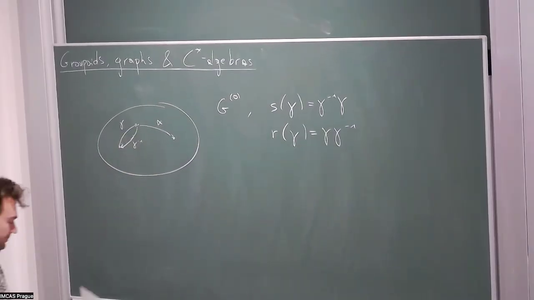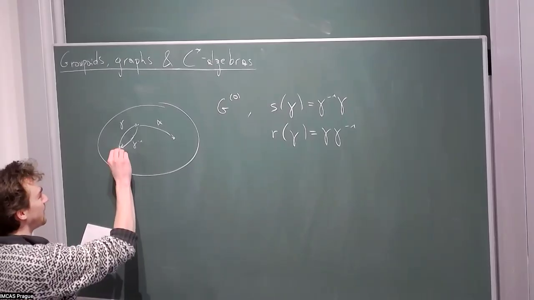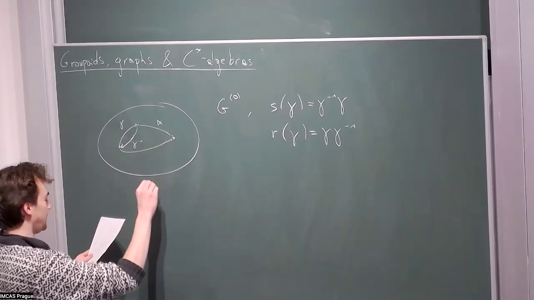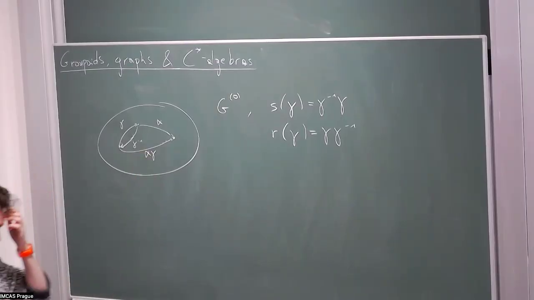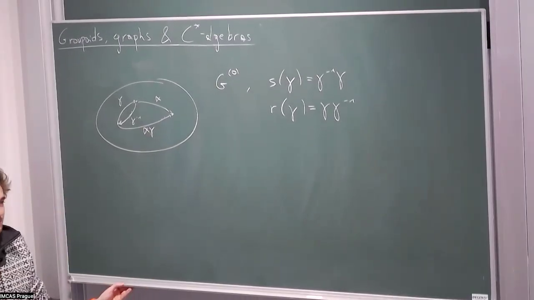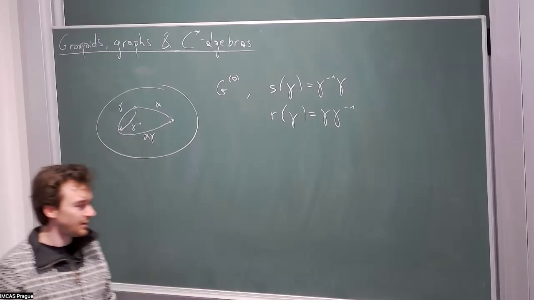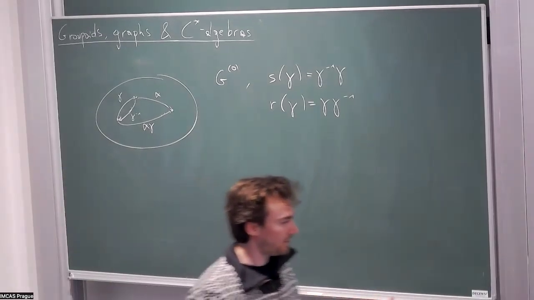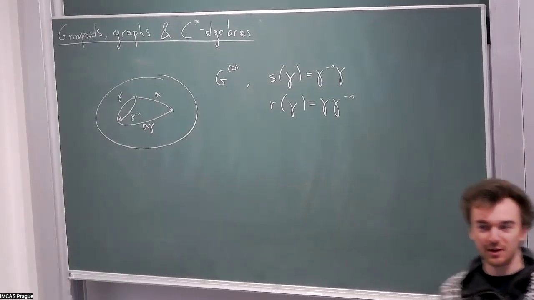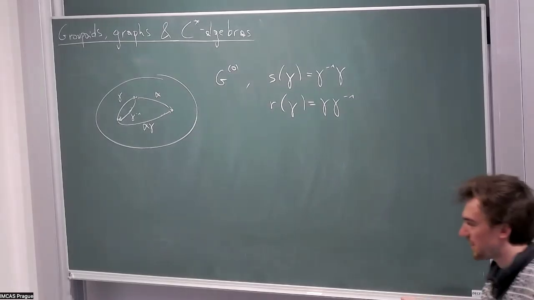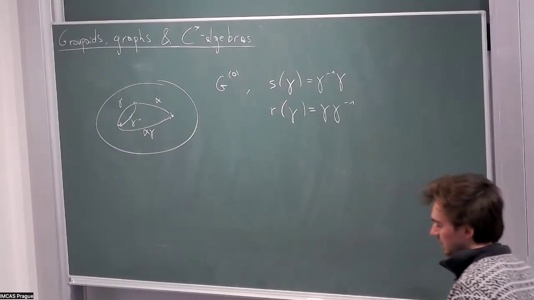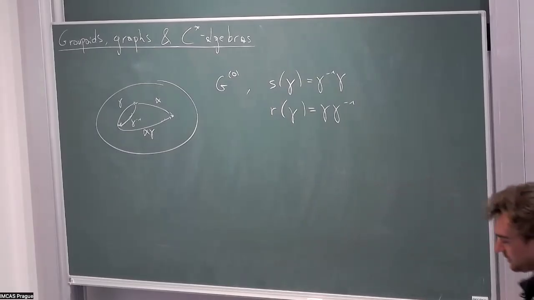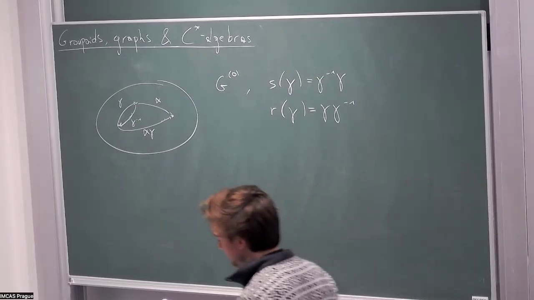So this, for example, would then be alpha gamma. Alternatively, a groupoid is a group, except not every pair of elements of the group is composable, only a specific subset of them.